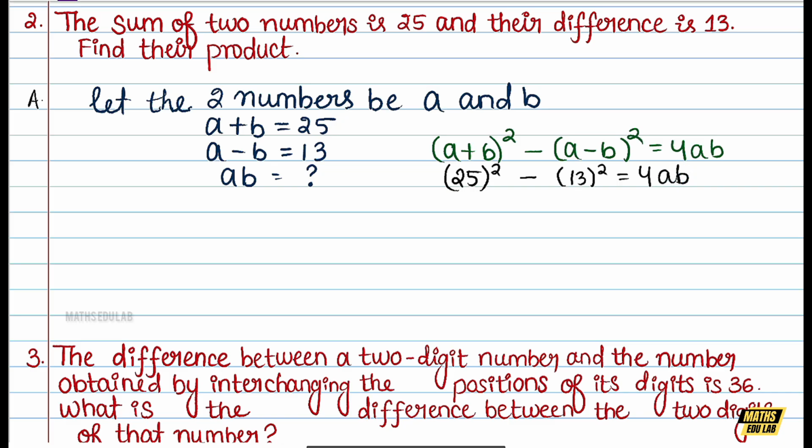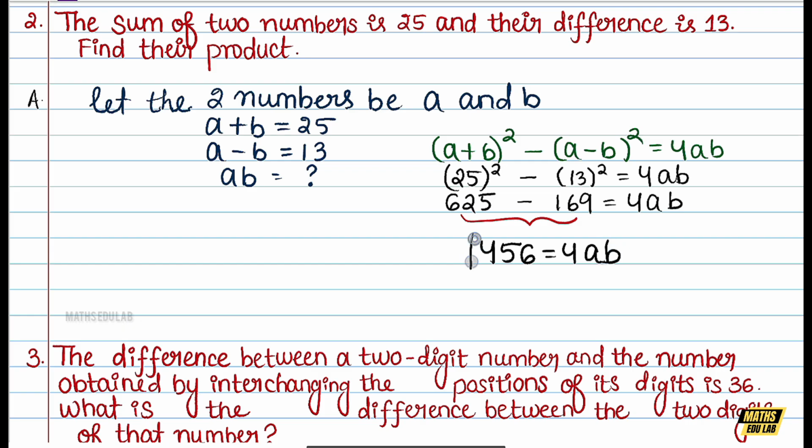So the square of 25 is 625. If you multiply 25 by 25, or if you know the square value, you can use it here. Minus the square of 13, which is 169, equals 4ab. Now on subtracting these two values, 625 minus 169, on solving we get 456, which equals 4ab.